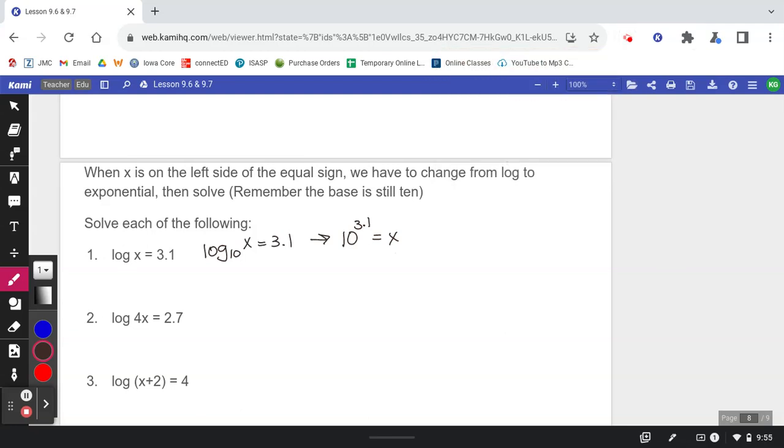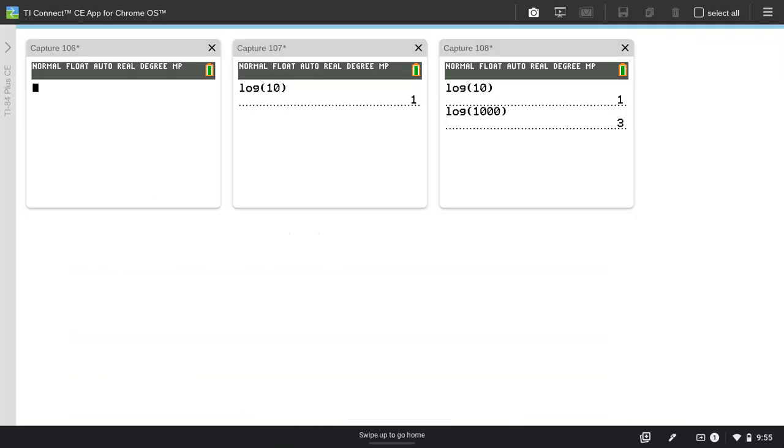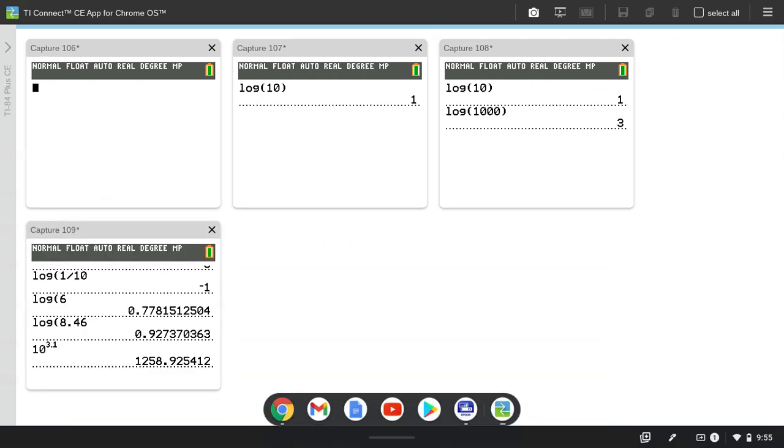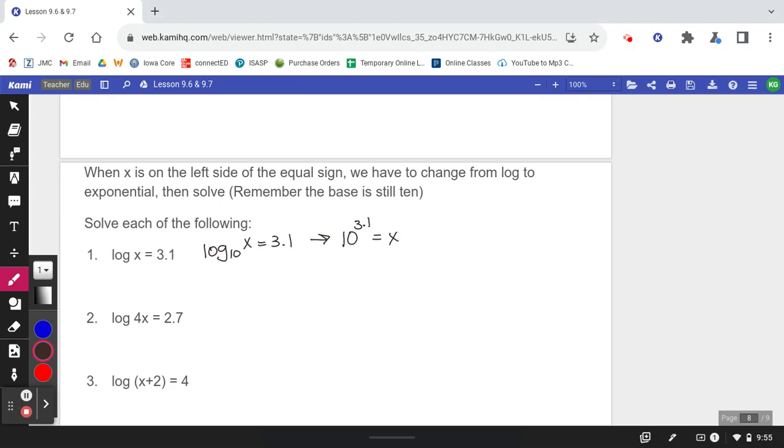So now I could just type it in as 10 to the 3.1, and that's how I get 1258.93.